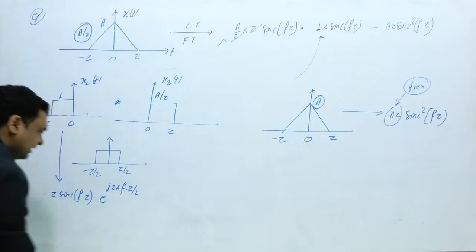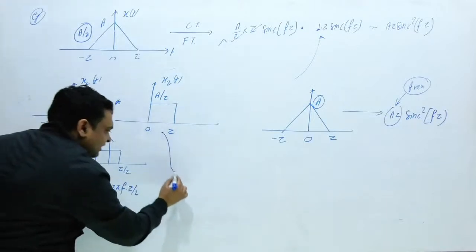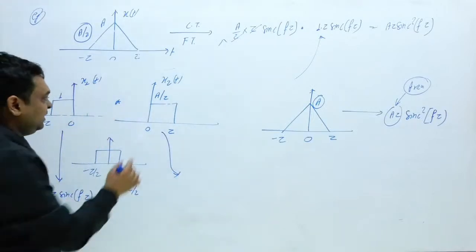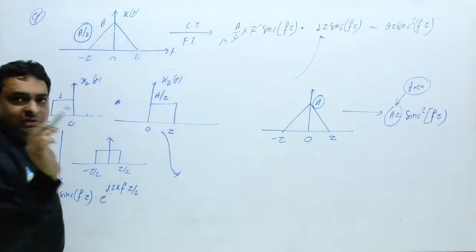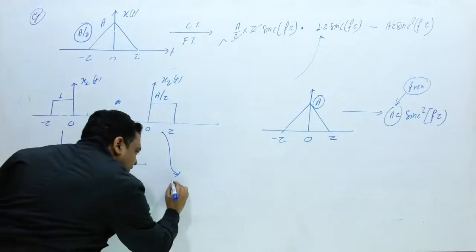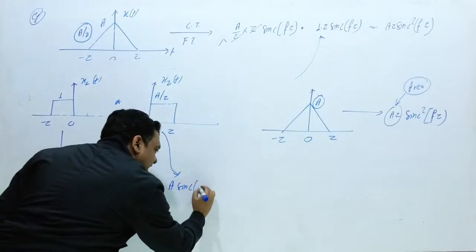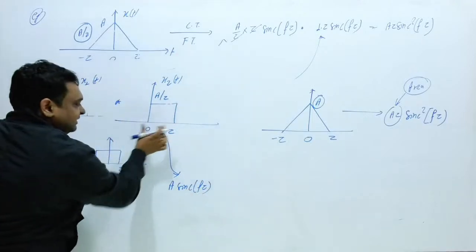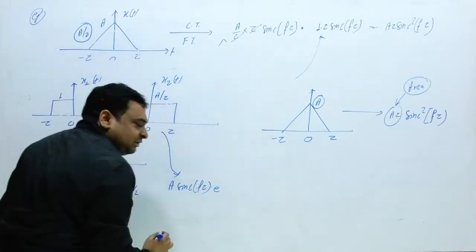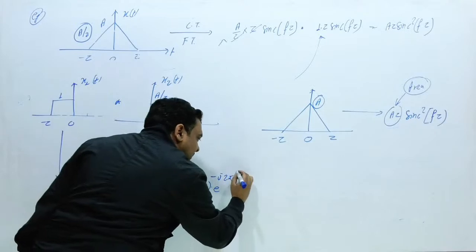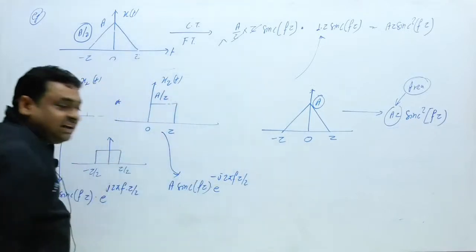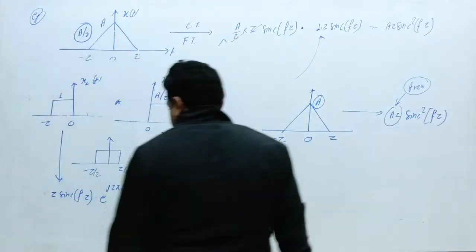What will be this Fourier transform? What will be this area? This area is a by tau into tau, so tau will be cancelled out, a. So this is a sinc f tau, with this tau, multiplied by e raised to the power minus j2 pi f tau by 2, as this is right shifted.